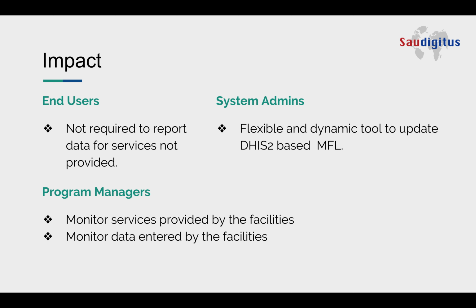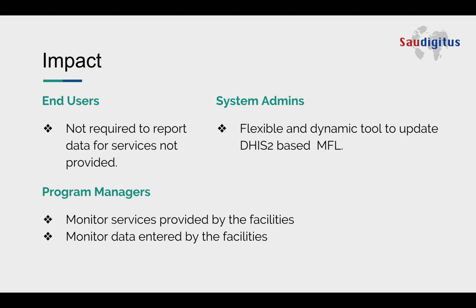And in terms of the end users, they will not be required to report data for a service that's not provided, because if you have the right data set assigned to the right organization unit, people that don't provide a specific service will not receive calls saying, we didn't receive your data, because they are not supposed to report that data.